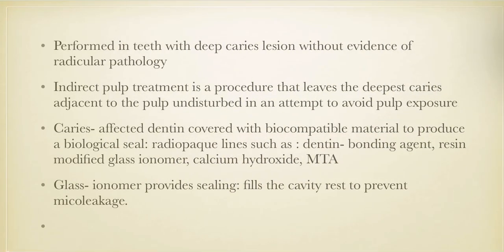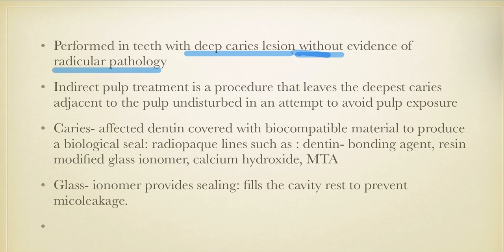So, when is indirect pulp capping done? It is performed in teeth with deep carious lesions without evidence of radicular pathology. And the indirect pulp treatment is a procedure that leaves the deepest caries adjacent to the pulp undisturbed in an attempt to avoid pulp exposure.